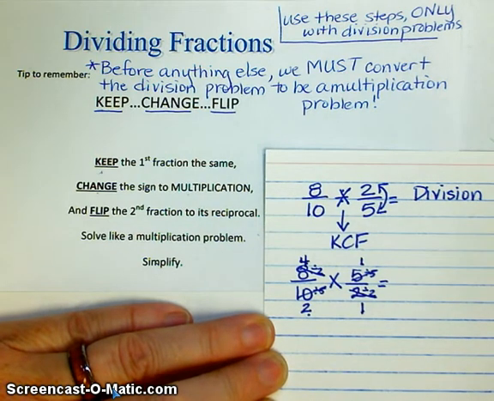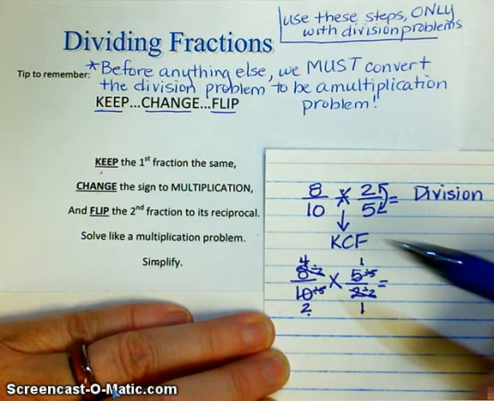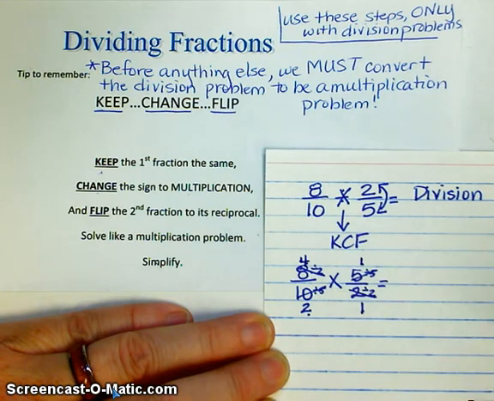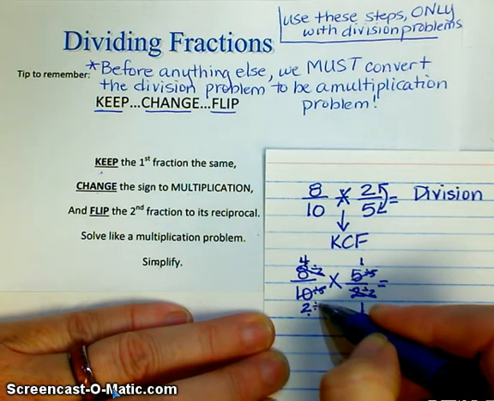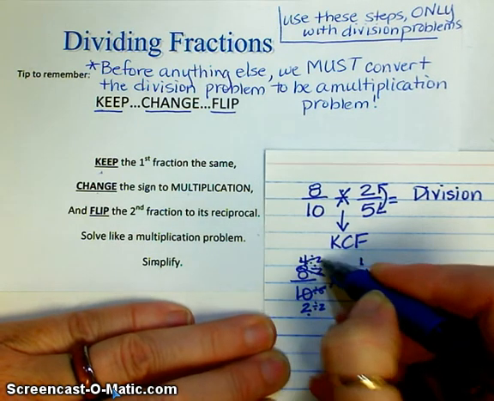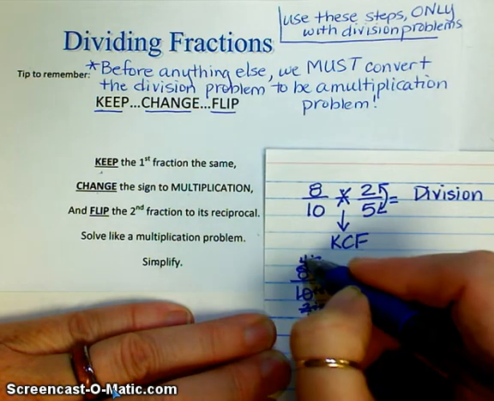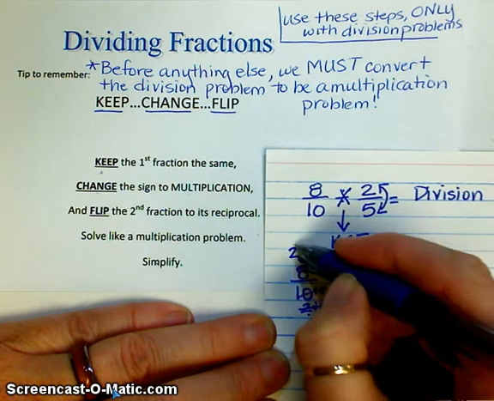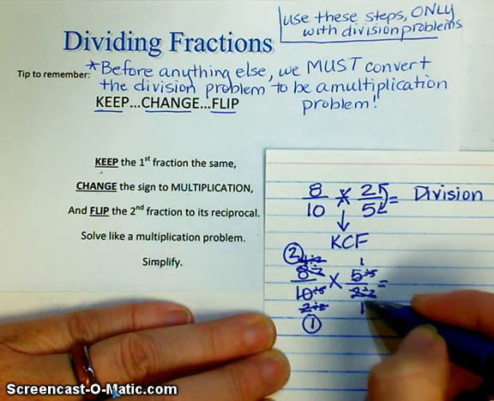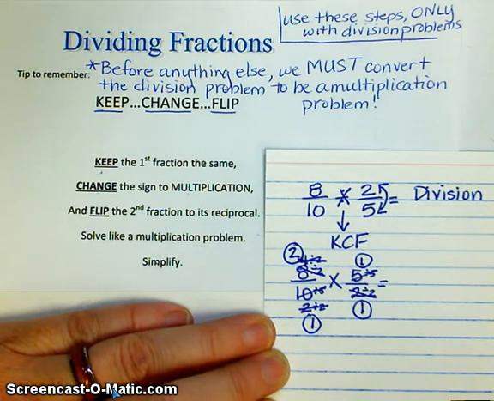Well, y'all remember from our multiplication problems that as long as it's a top and a bottom, if you can simplify ahead of time, do that. And we have a 4 on top and a 2 on bottom. So let's go ahead and divide both of those by 2 to get everything as simple as we can. And that's going to leave us with a 2, a 1, and another 1.